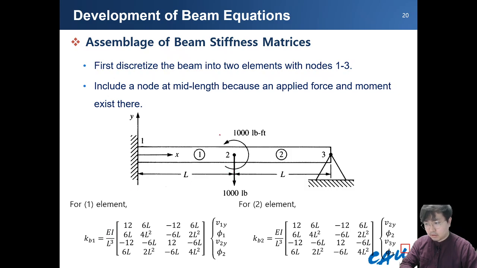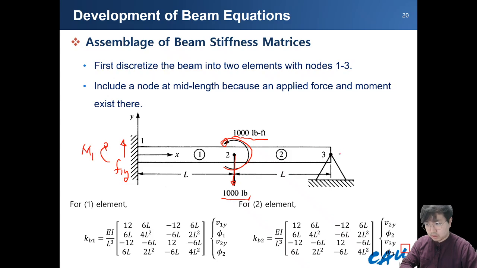In this case, I'm going to apply some specific external forces: 1,000 pound, and then a moment of 1,000 pound per feet. The first node is fixed on the wall. That means we are going to have some reaction forces here, and some moment.